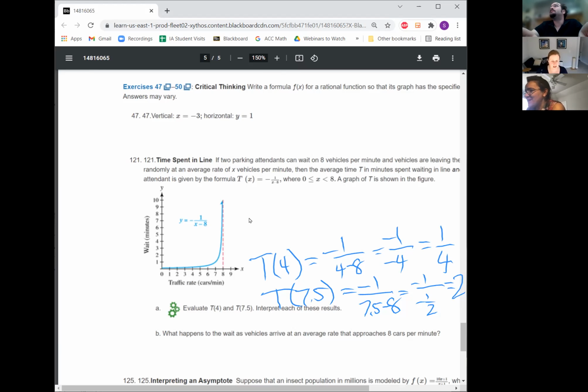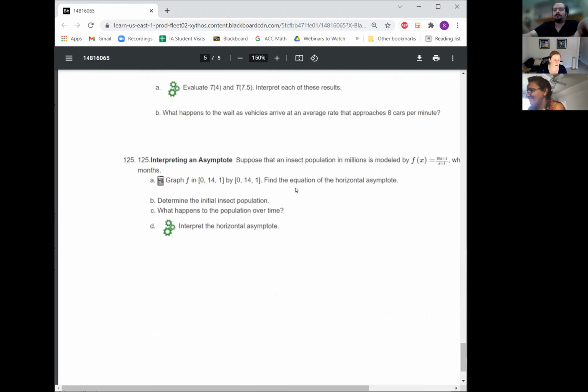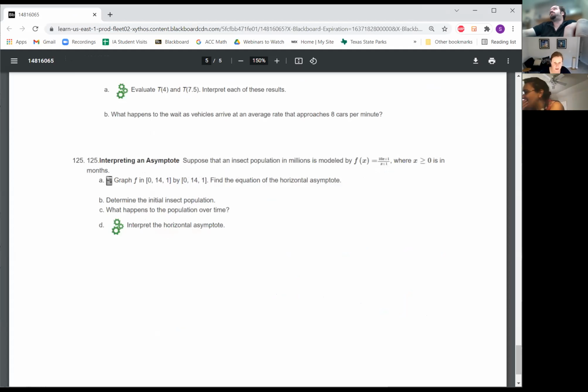How about, can you go down a little bit, please? I want 125. Okay. It wants you to graph that function. I started to graph it and I don't know where I made a mistake.